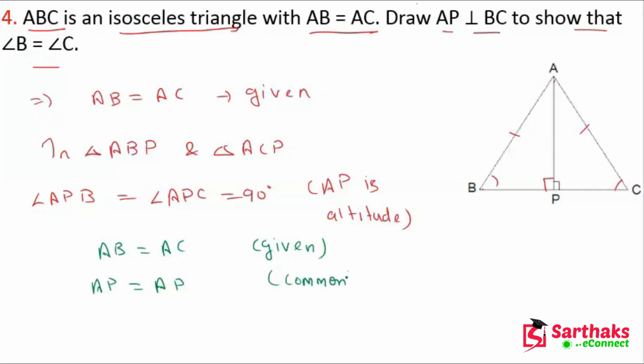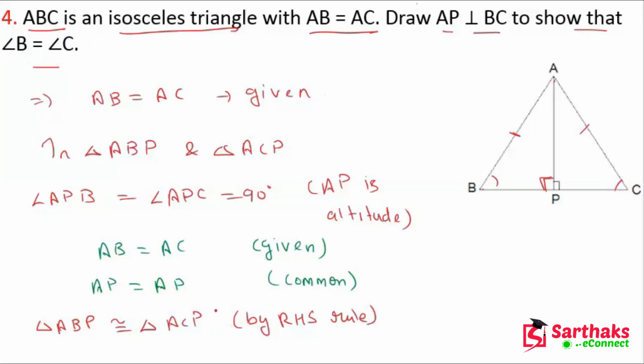This is a common side. So we can say that, my dear friends, one angle is 90 degrees, one hypotenuse and one side. So these two triangles, triangle ABP is congruent to triangle ACP by the RHS rule.